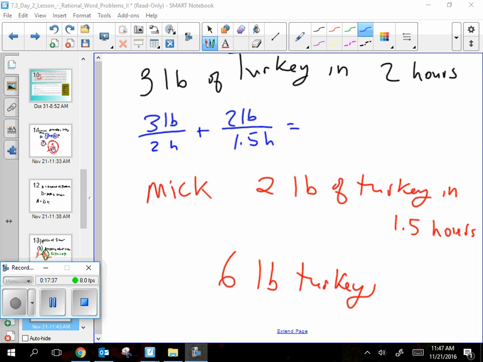Equals the total rate. Well, what's the total rate? Well, I could just put X and find our total rate. But it'd be smarter to say 6 pounds goes on top over X. Now, you could have done it a different way where you just set it equal to X and solve. But then you'd have to do a new problem to figure out the 6.